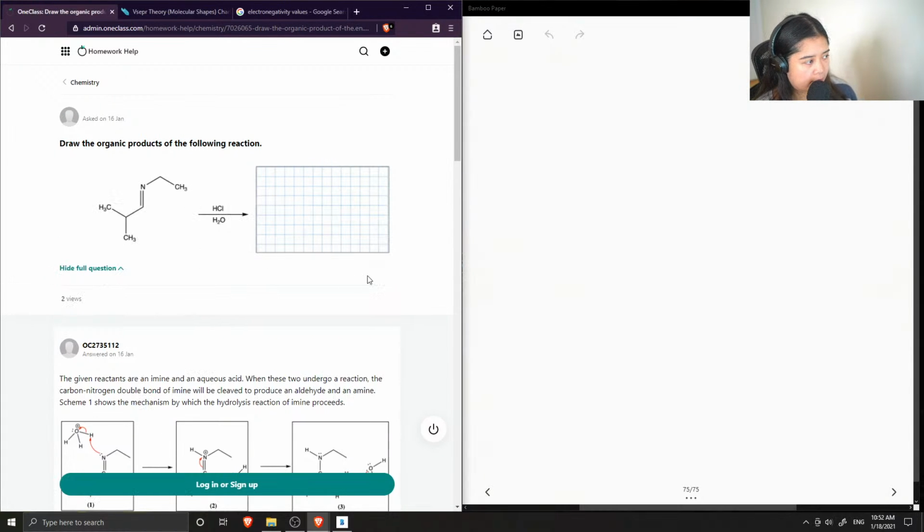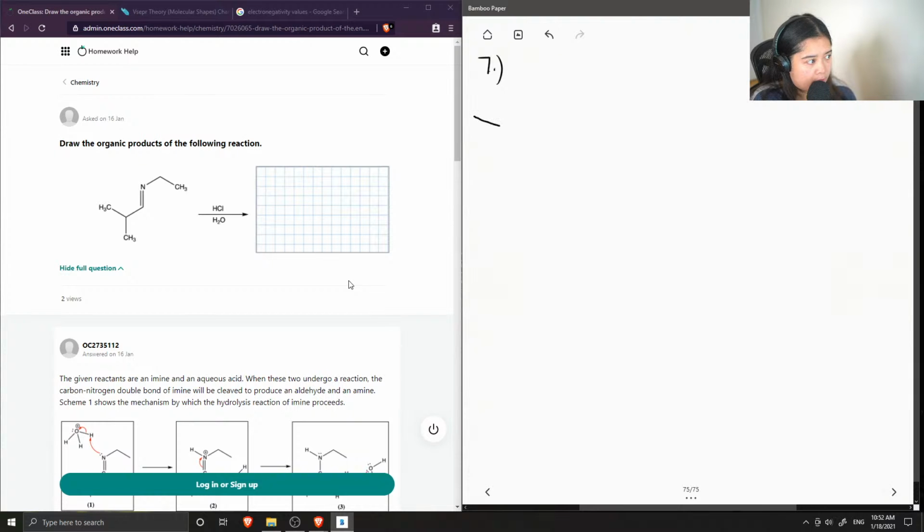Okay, so question number 7 says to draw the products of the following reaction. So we have this compound. We draw the full compound. So there is a double bond to a nitrogen.